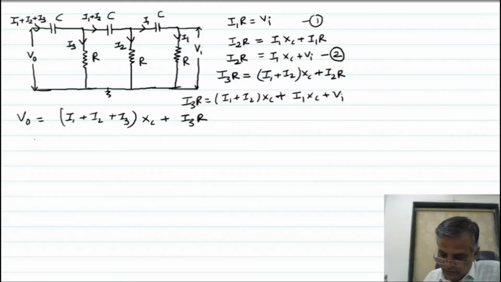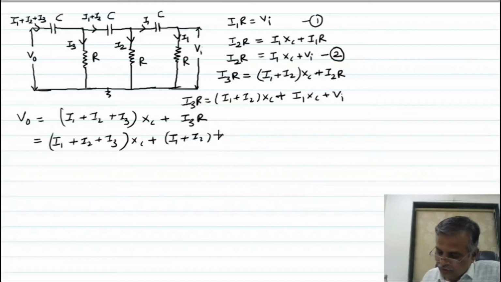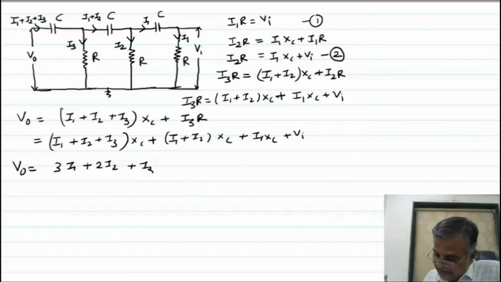If I put this value, I will get I1 plus I2 plus I3 into Xc plus I1 plus I2 into Xc plus I1 Xc plus Vi. So I can write Vo is equal to 3I1 plus 2I2 plus I3 into Xc plus Vi.